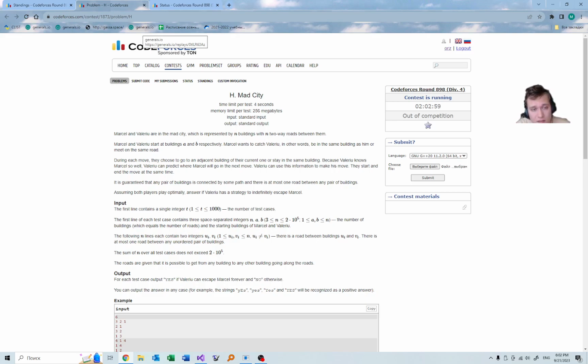And first of all, the first person chooses where he moves his piece, then the second person chooses where he moves this piece, and if they go to the same vertex, then one of them wins. Okay, let's think.